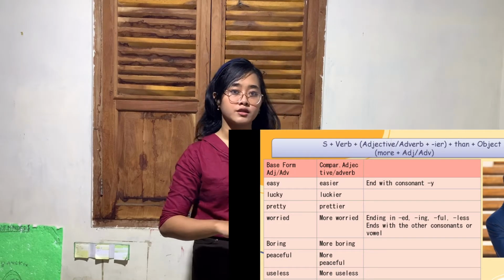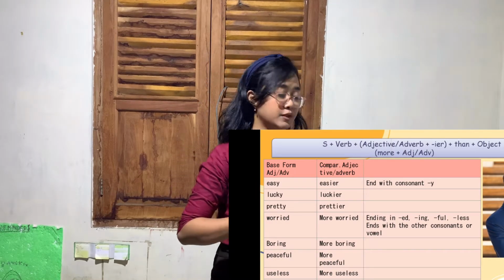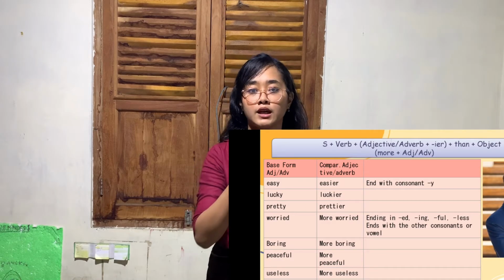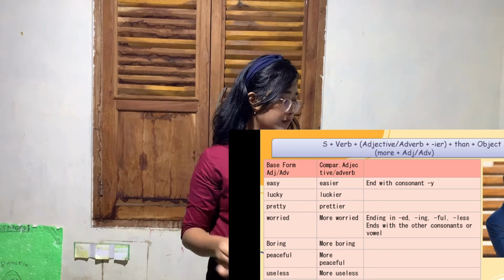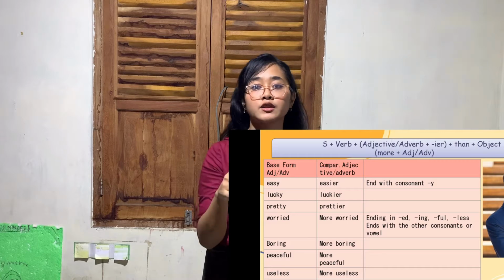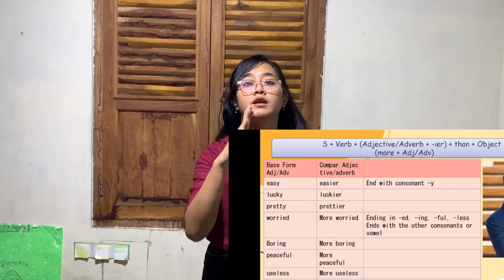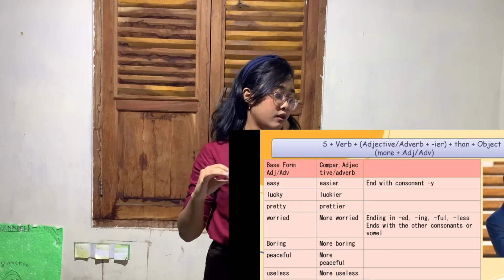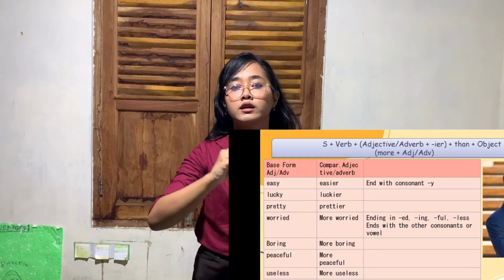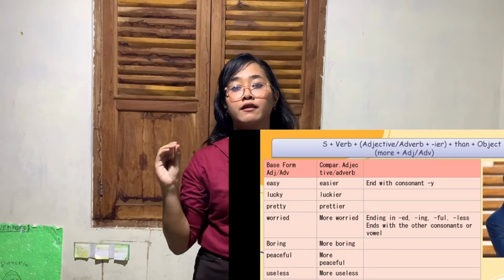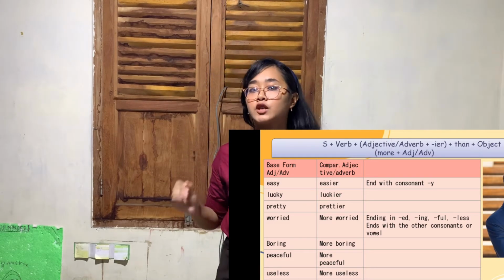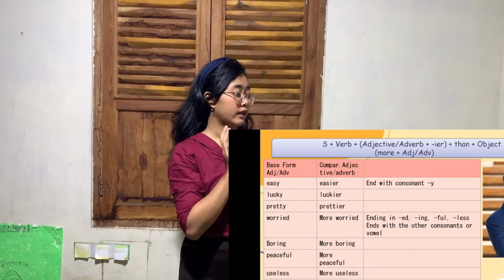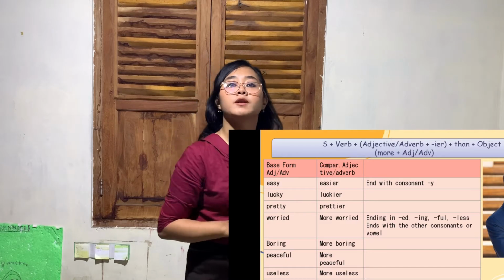The first structure is subject plus verb plus adjective plus er plus than plus object, and the second structure is subject plus verb plus more plus adjective or adverb plus than plus object. Okay, let's take a look at the table below the structure.